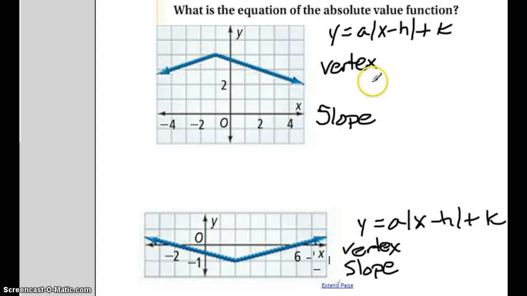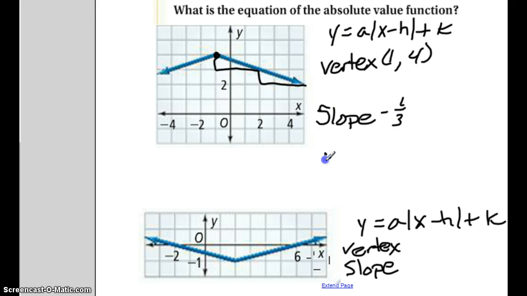Let's take a look at what the equation is of this absolute value function. First, identify your vertex, then your slope. Our vertex is 1, 4, and our slope, let's see here, we go down 1 over 3, down 1 over 3. That's a negative slope, so that's going to be negative 1/3.